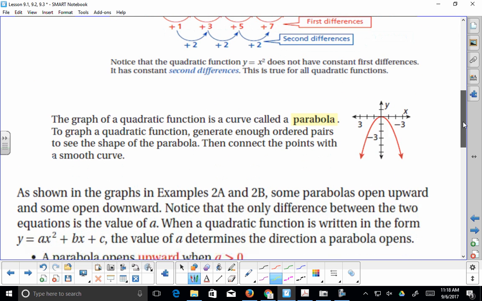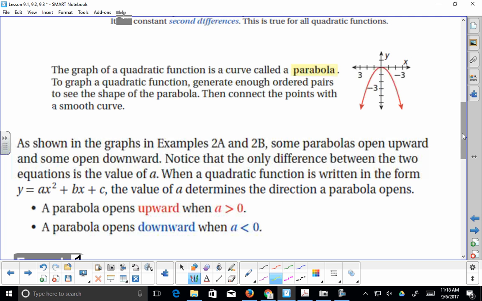So we talked about these graphs being parabolas and the fact that the graphs either open up or down, and we talked about why. Now, first of all, they've always got to be in standard form, like we just talked about.